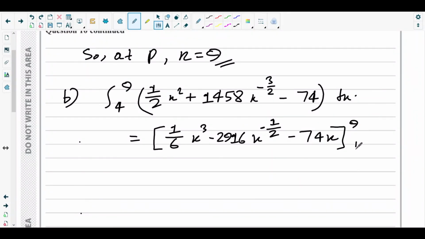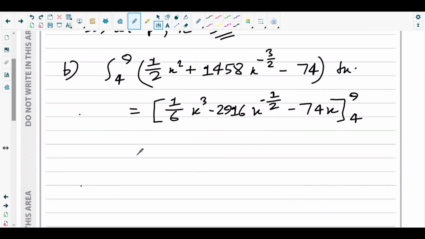Okay, so from 4 to 9. Now just put the values there. So 9 cubed over 6, which is 243 over 2, minus 2916 over square root of 9, which is 3. So this is 972, minus 74 times 9, which will give you 666.